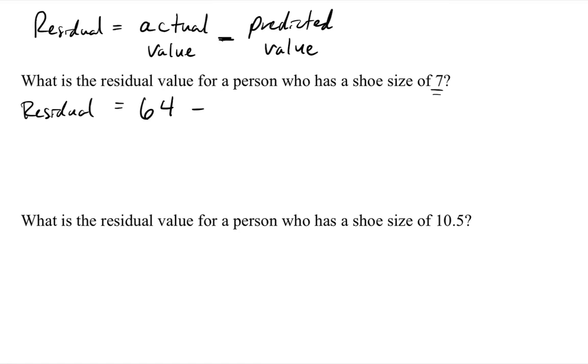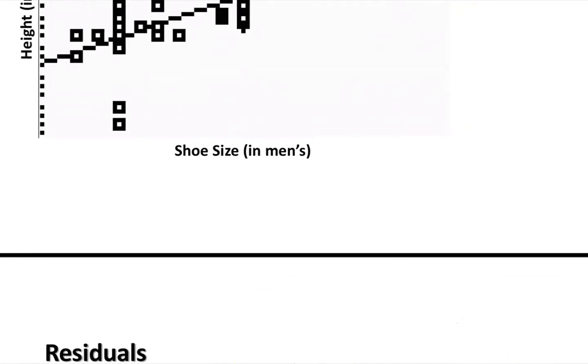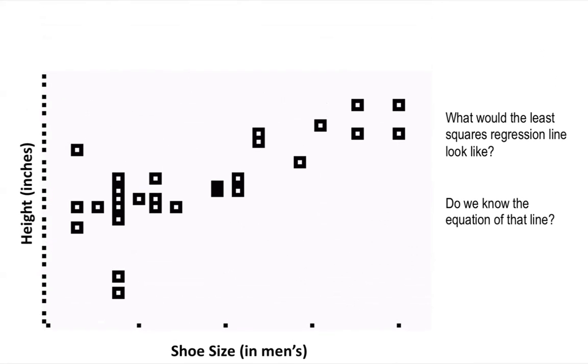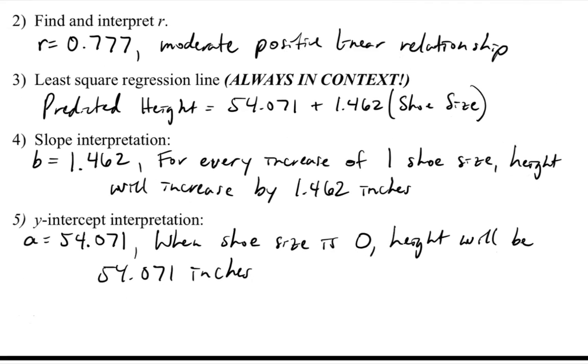And then how do we find the predicted? Plug in 7 to our equation, just like we did earlier, right? So I need to get my equation again. I wrote it down earlier: 54.071 plus 1.6462 times the shoe size, right?